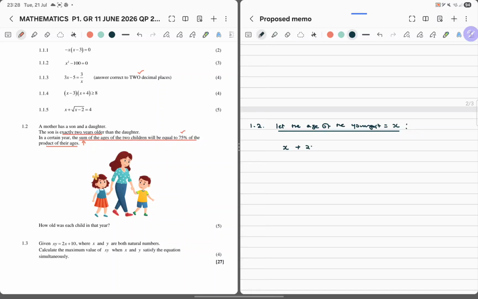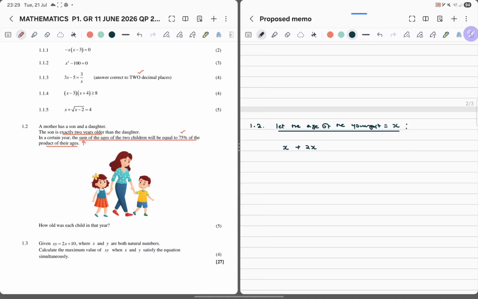So we know that this one is 2 years older than the other. So basically the difference between them is 2 years. Or we can easily say, if we know this one, then the other one will be determined. There are many ways to do this, but let's just leave it at this.